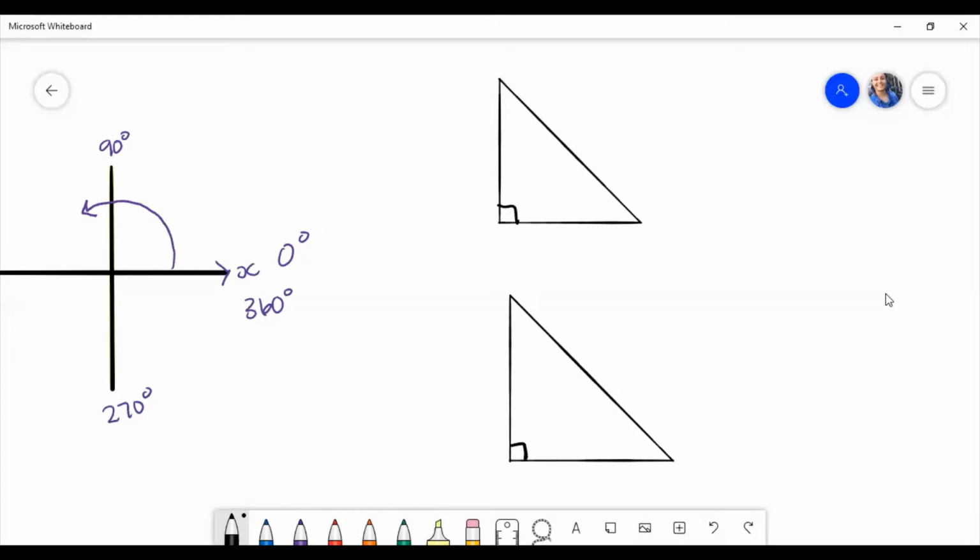Right, so after we learned that we are able to do Pythagoras in a 90-degree triangle, we also learned that 90-degree triangles allow us to perform our trigonometric ratios. Now, these trigonometric ratios exist because of the 90-degree triangle.